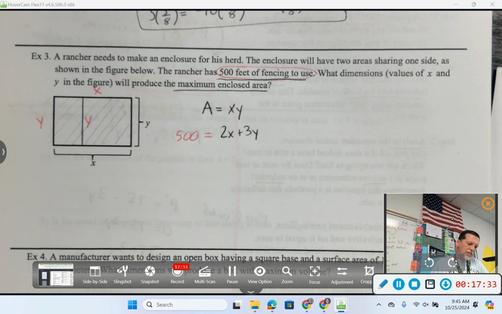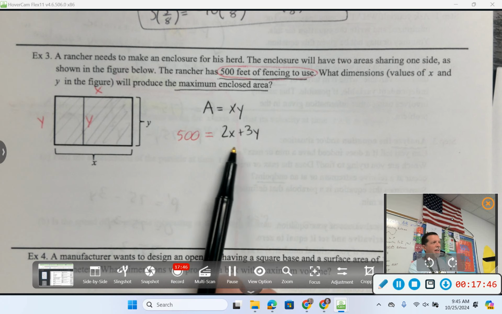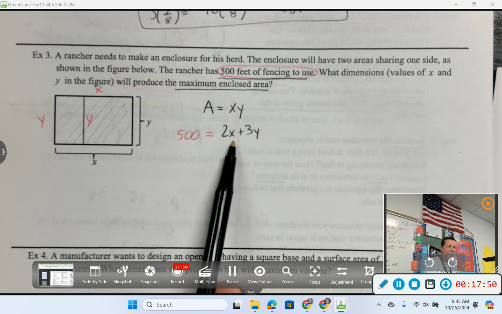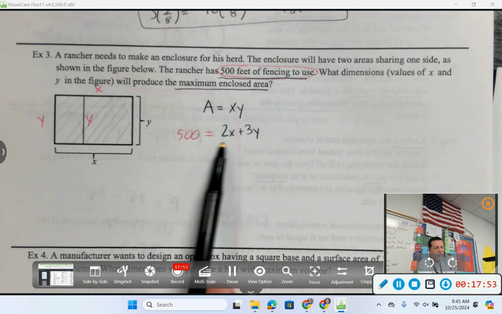You want to solve for x or for y? X. Why x? I think I agree with you. Because eventually you'll have something squared. Okay, eventually we're going to have something squared. That's going to happen either way. When you have the derivative, you cancel out the half because the 2. I think it's easier just because I'd rather divide by 2 than by 3.